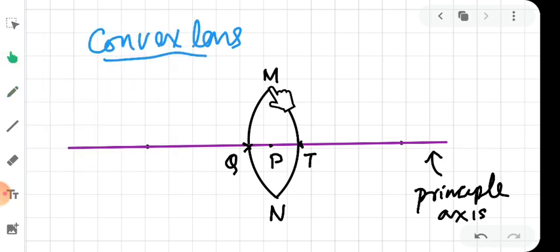One interface is this M Q N, and the other one is M T N. That is the second interface.